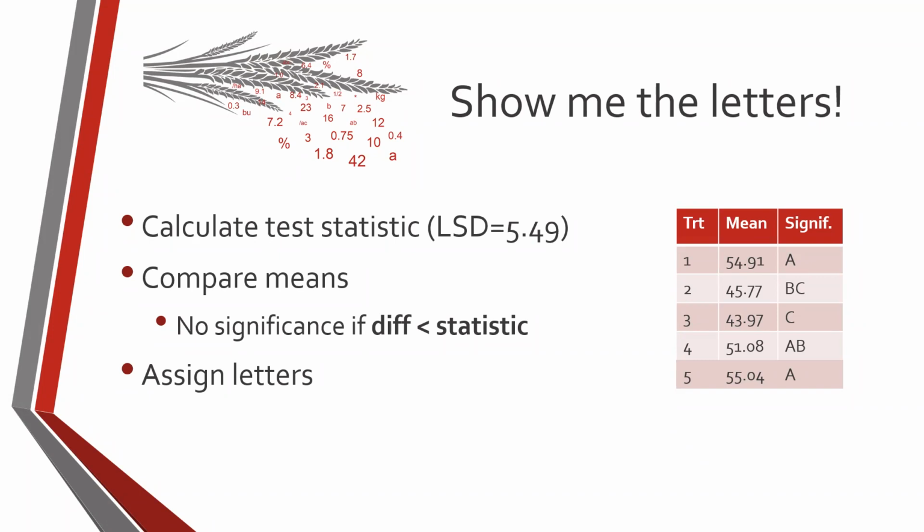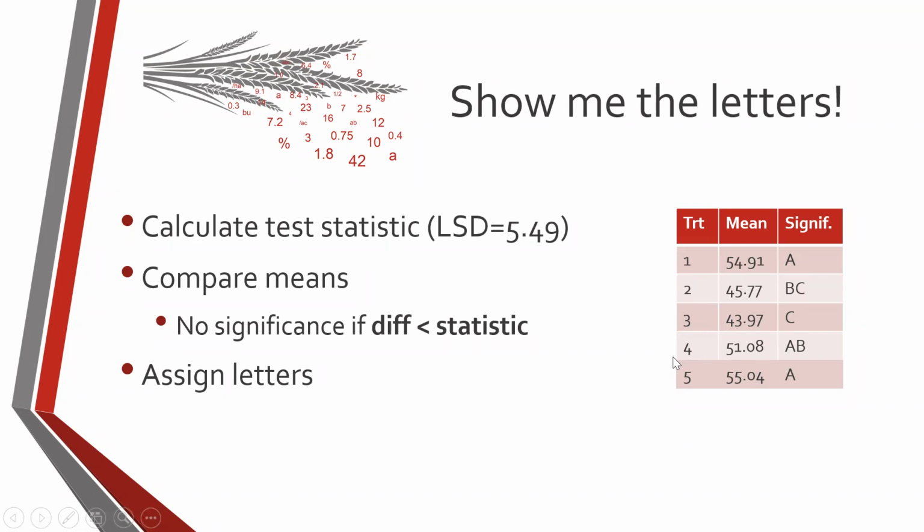For example, in this study, we were most interested in treatment 2 and treatment 4. That's our main comparison, to make sure that our product, treatment number 2, is better than the standard in the area.